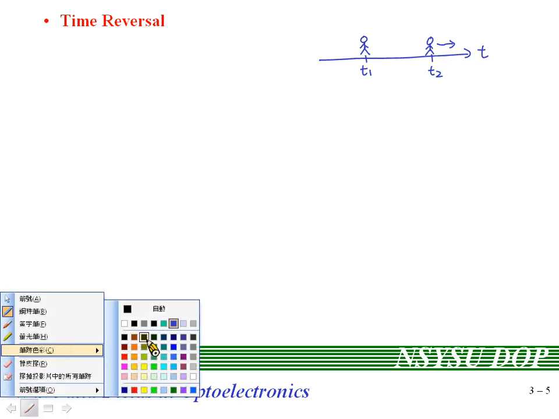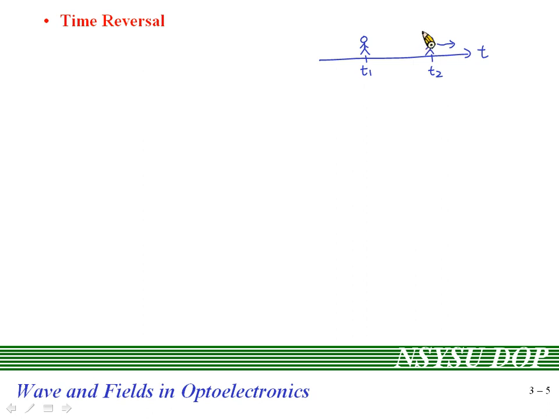If we reverse the time, what will happen to the action of this person? You will see this person go from t2 to t1, right?